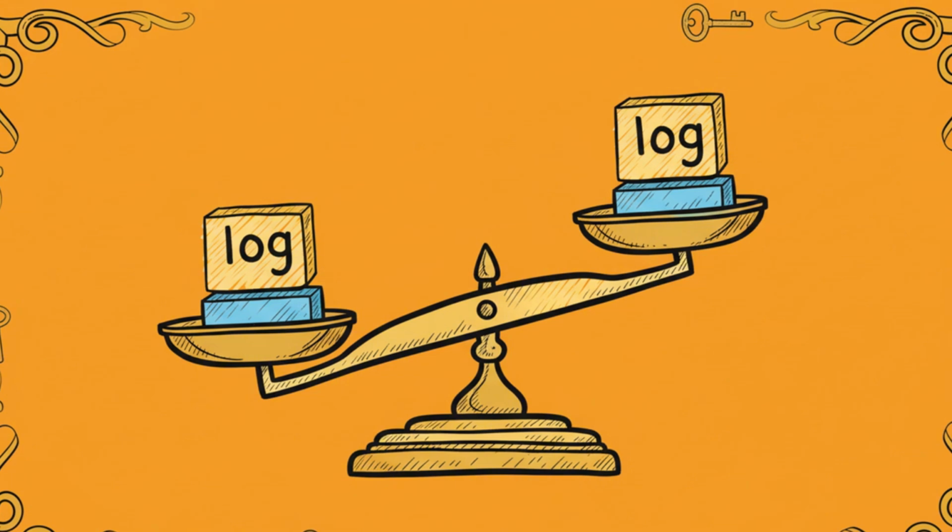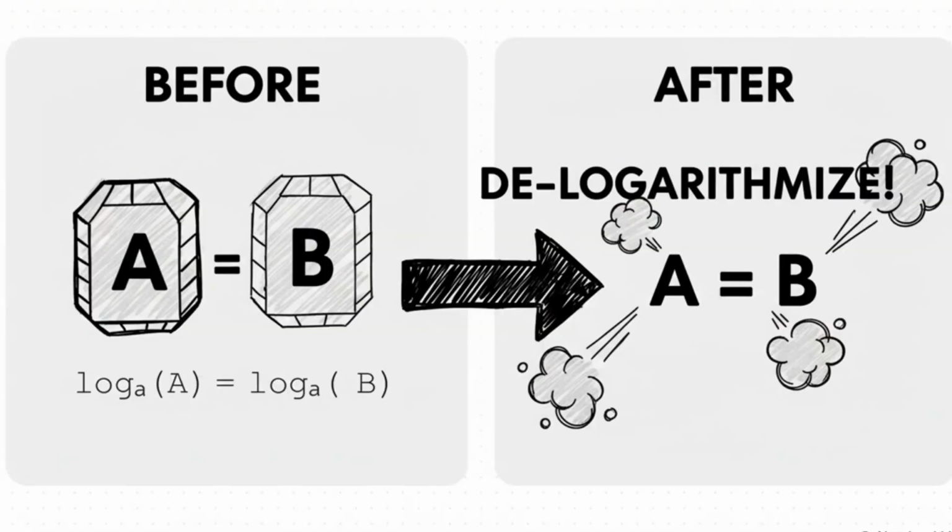Pretty much everything we're about to do is just to get our equation to look like this. And here's why that rule is so powerful. Once you have that perfect format, log base a of a equals log base a of b, you can basically just drop the logs. I like to call it de-logarithmizing. You're just left with a equals b. All that log complexity just vanishes and you've got a much easier problem to solve.